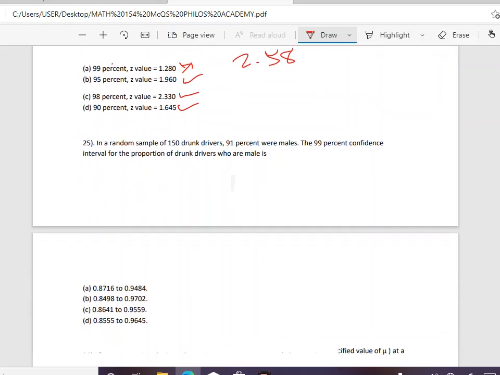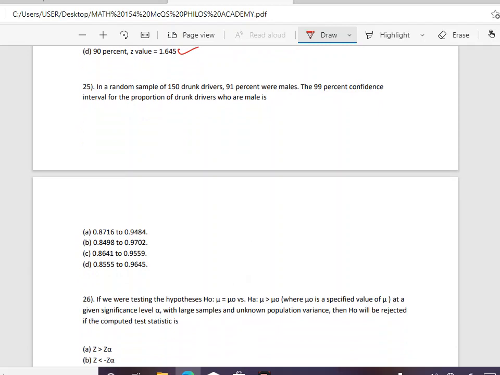Okay. So question 25. In a random sample of 150 drunk drivers, 91% were males. The 99% confidence interval for the proportion of drunk drivers who are male is. So to find the confidence interval for proportion, the formula says P hat plus or minus Z multiplying square root of P hat Q hat divided by N. Now what is our P hat?